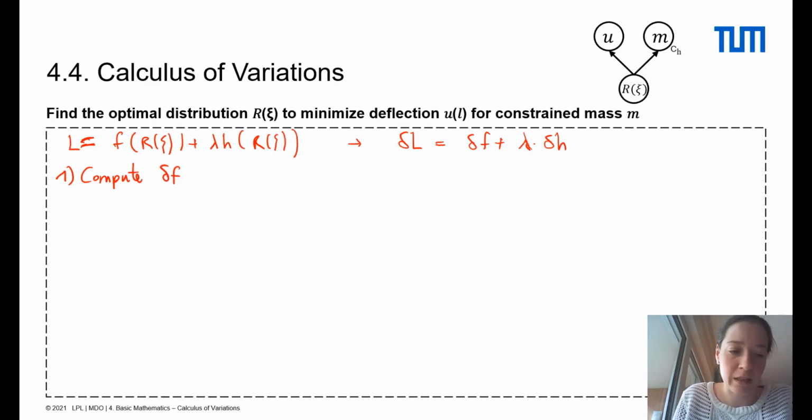which, as you remember from the lecture, is something like a generalization of a partial derivative.